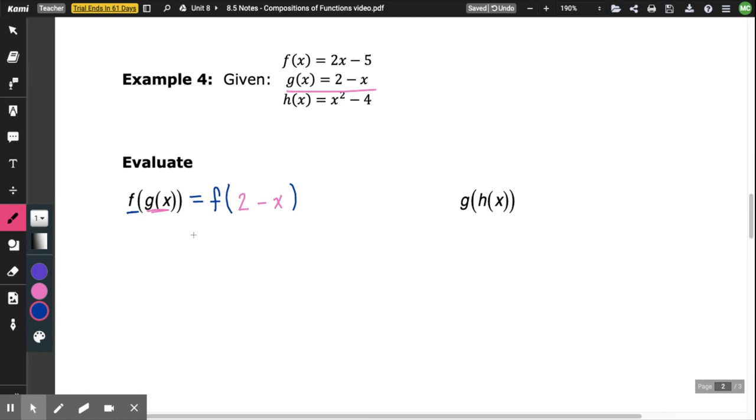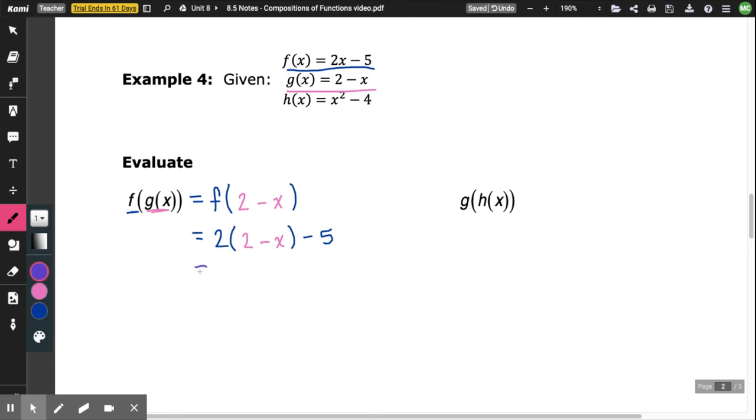Now it tells me to find f of 2 minus x. So I'm going to take my f function and replace the x with what I have in pink there. f of x is 2x minus 5, and in place of the x, I'm putting in g, which is 2 minus x.